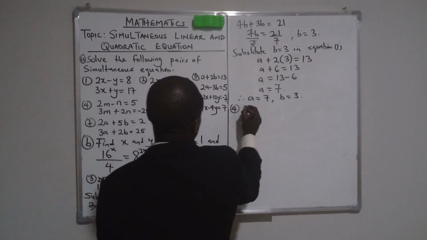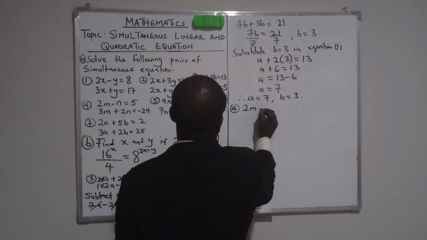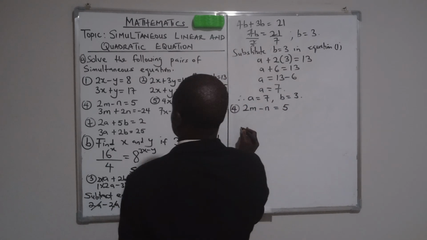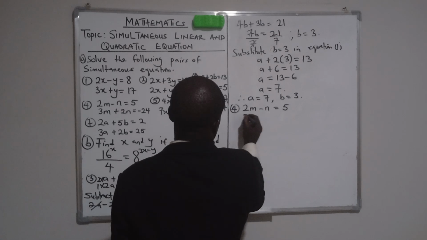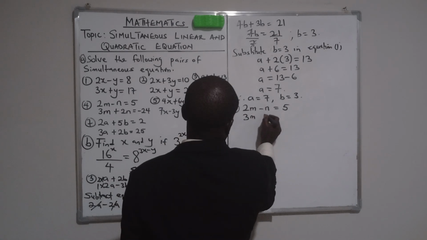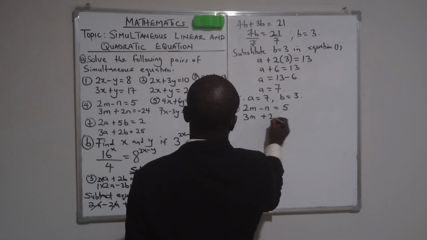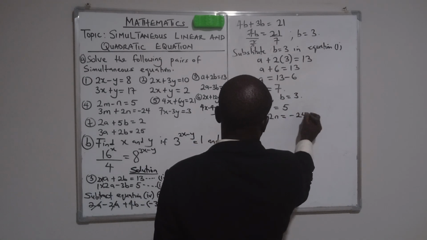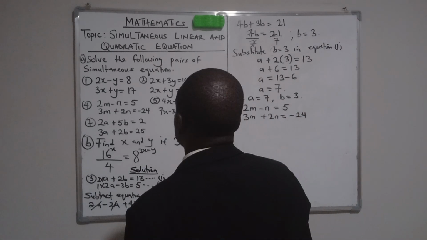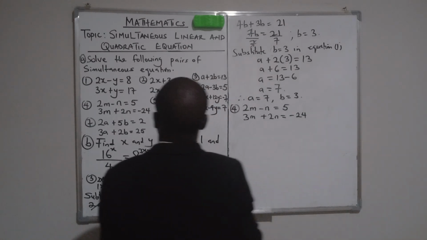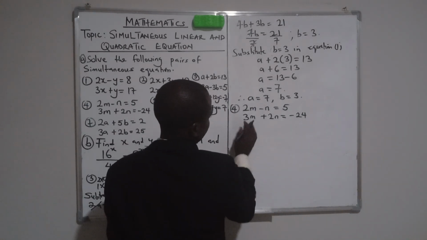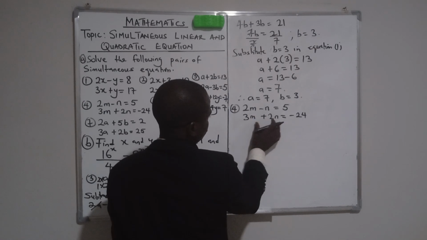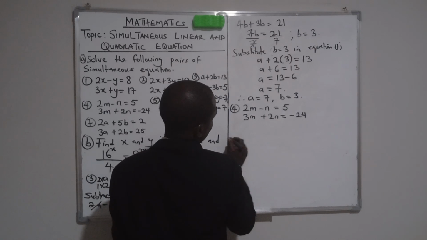You see you have 2m minus n equals 5. We're having 3m plus 2n equals minus 24. What we need to do here is to see that none of the coefficients of m and n are the same.